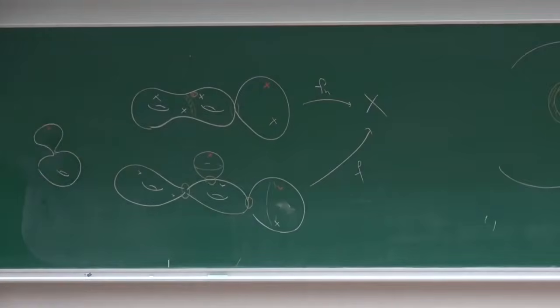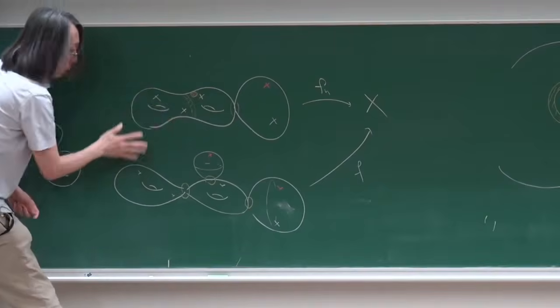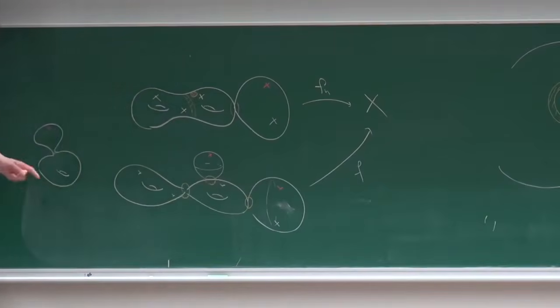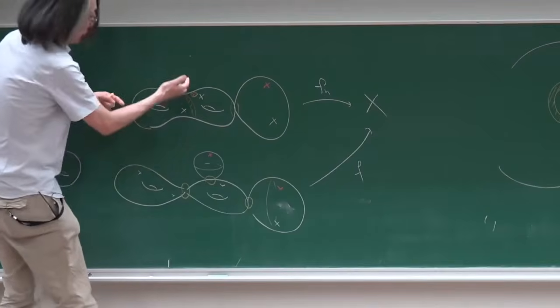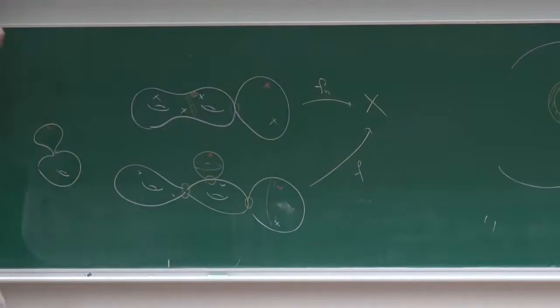Away from this yellow one, we can identify the complement of the yellow part with the complement of the yellow part in C. And I assume that on that complement, Fn and F are close. What I'm saying is that this converges to F away from the yellow ones.